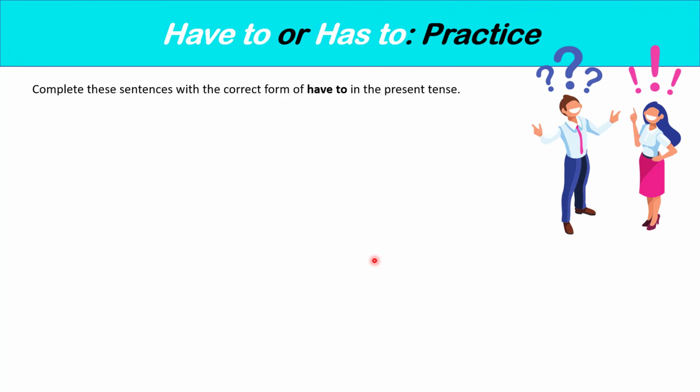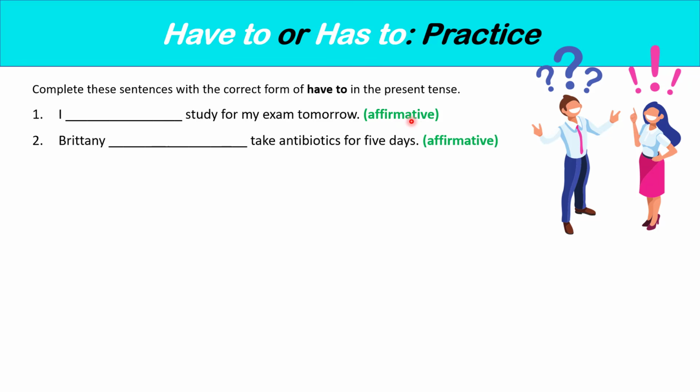Okay, so now we're going to do a 6-question practice quiz with have to or has to. So complete these sentences with the correct form of have to in the present tense. Number 1, I study for my exam tomorrow. And this one put in the affirmative form. Number 2, Brittany take antibiotics for 5 days.